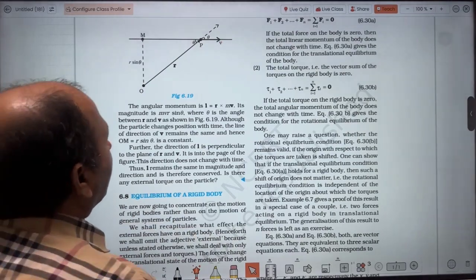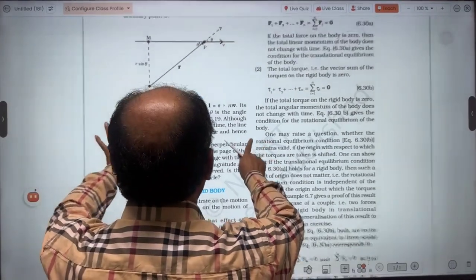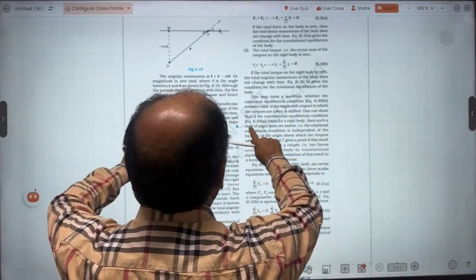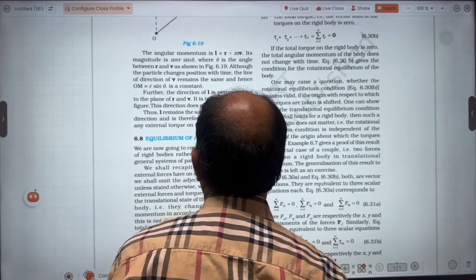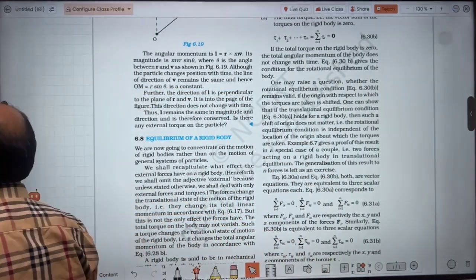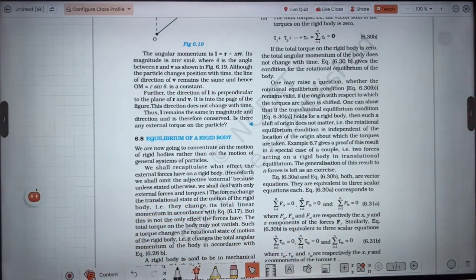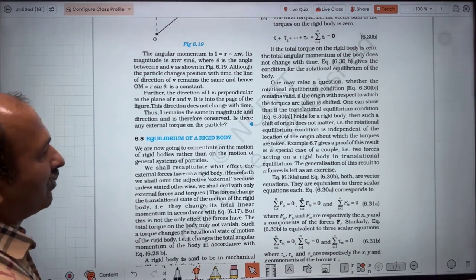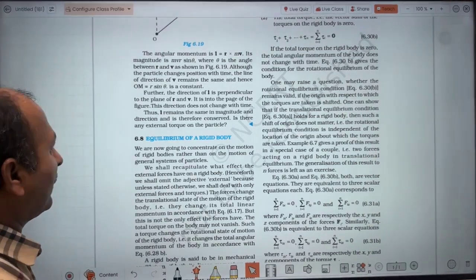Now, equilibrium of a rigid body. Equilibrium means it is in translational equilibrium and it is in rotational equilibrium. It means the forces that are acting to rotate the body are equal and opposite, hence the net effect is 0.